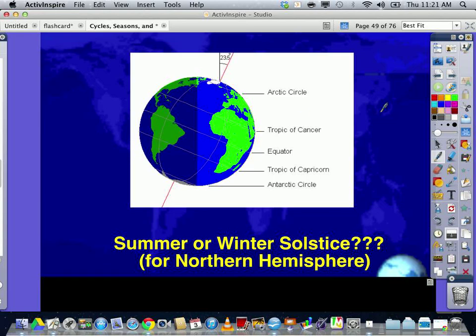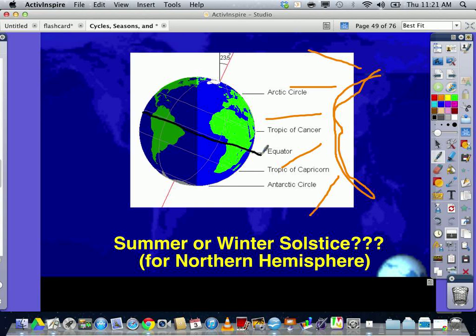So here's another picture. Let's see if we can figure this one out. Is it summer or winter solstice for the northern hemisphere? So here's daylight. So I know the sun is on this side. So there's my sun. Let's look at the northern hemisphere.